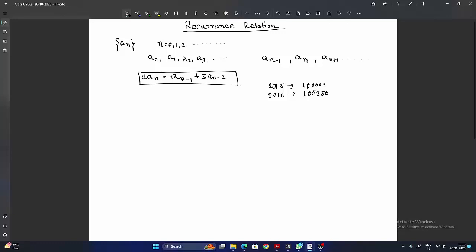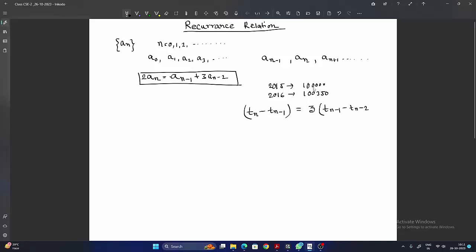If we have a relation like this in consecutive years, taking the nth year, the n minus 1th year and the n minus 2th year, and the increment in the nth year over the n minus 1th year is just thrice the increment in the n minus 1th year over the n minus 2th year.